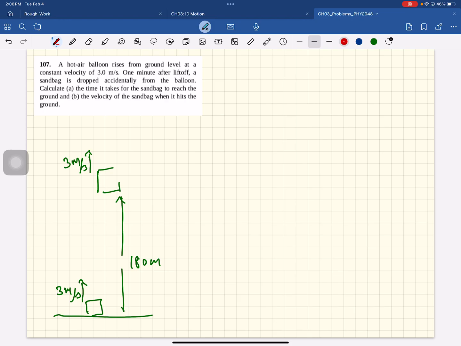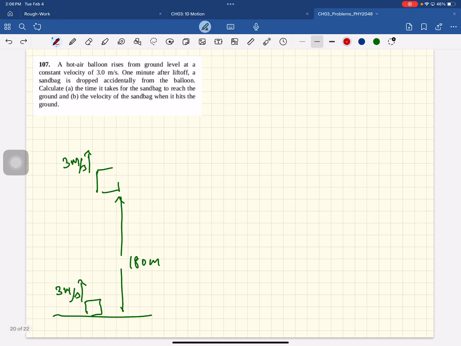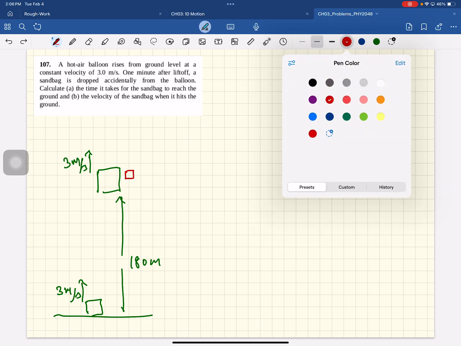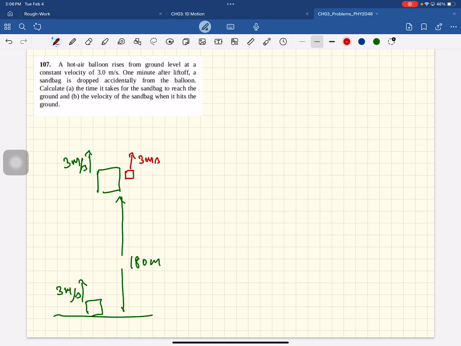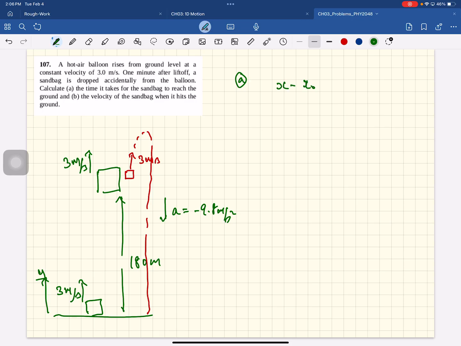So its initial velocity is 3 meters per second. And then it'll rise up and then fall down. Okay. The time it takes for the sandbag to reach the ground. Okay. And the acceleration is negative 9.8 meters per second squared. We're assuming, okay, x minus x naught equal to v naught t plus 1/2 a t squared.